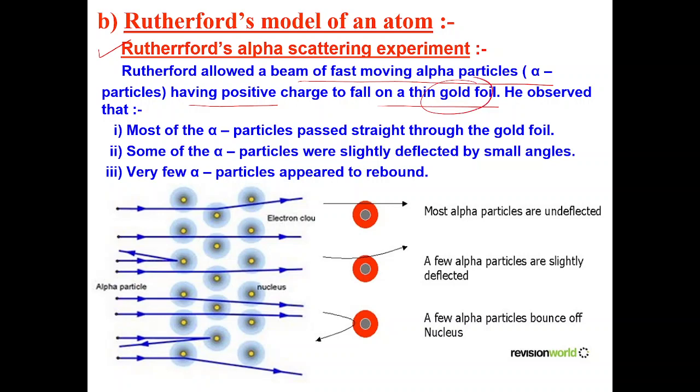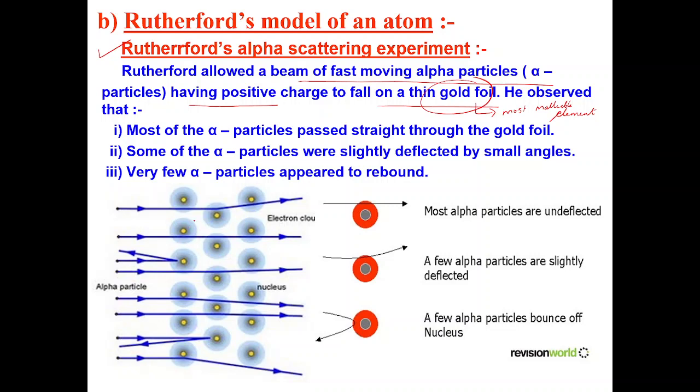Now, what is the purpose of taking this gold foil? It is because gold is the most malleable metal, and the thinnest sheet can be obtained from gold. That is why he selected gold metal to pass the alpha particles, the positively charged radiations, through the thin gold foil.